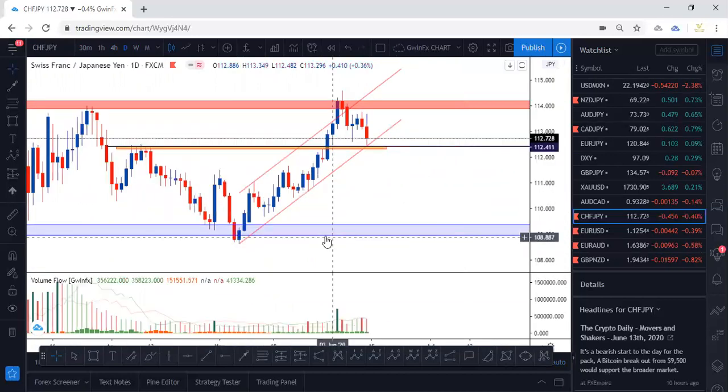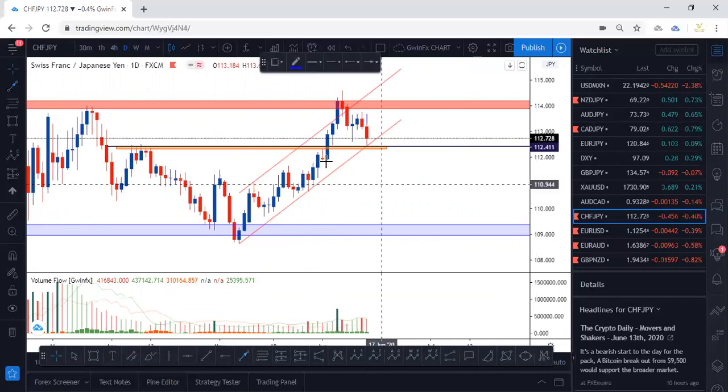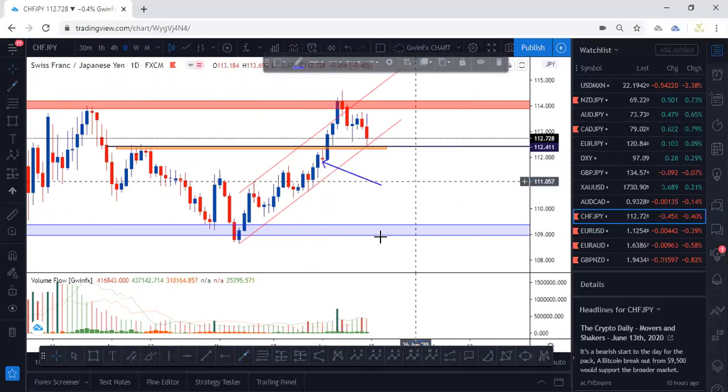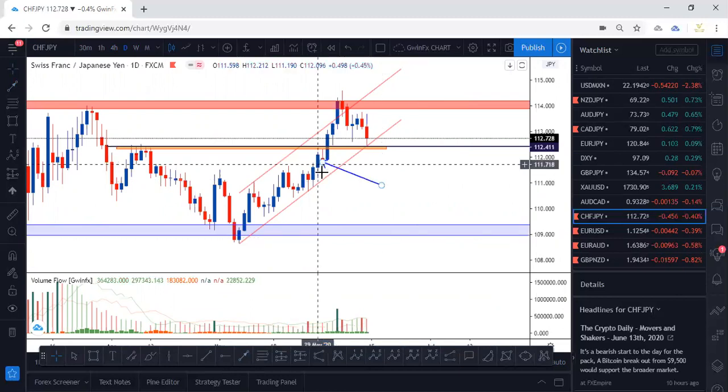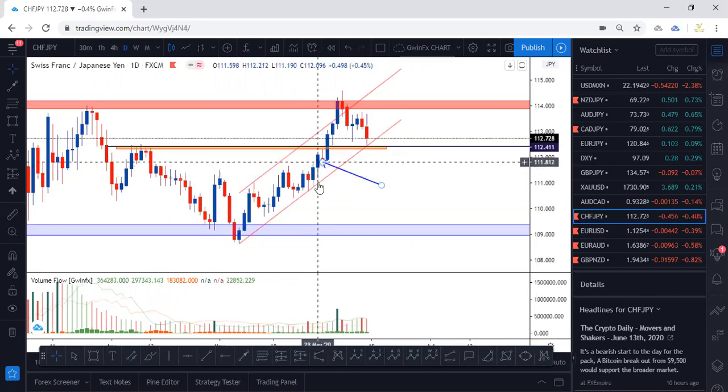Now, this candle here was small, which signifies that people started to sell, because a lot of selling happened here, before this structure, before this resistance.